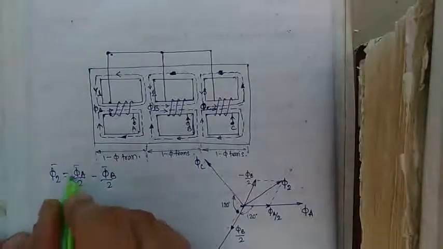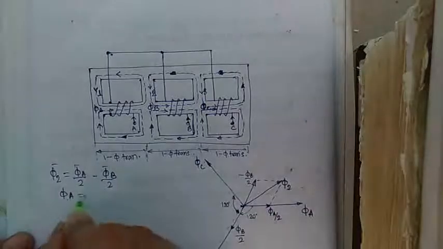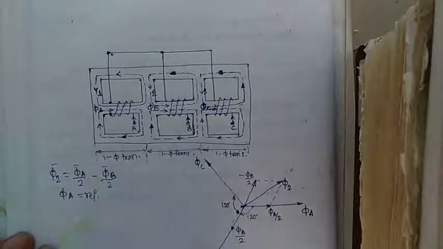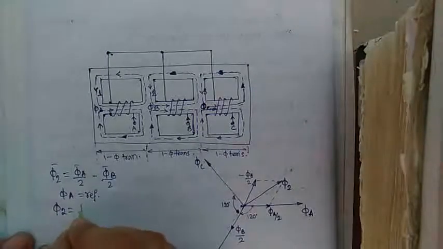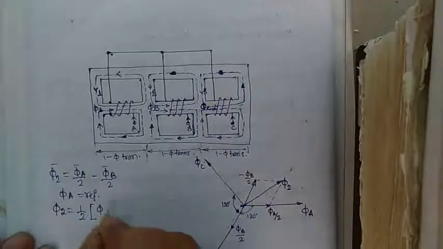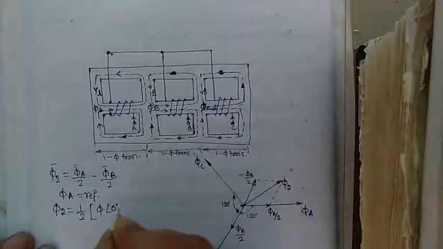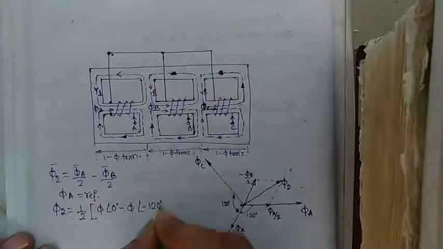Now we take phi A as the reference, so phi 2 is equal to half phi angle 0 degrees minus phi angle minus 120 degrees.